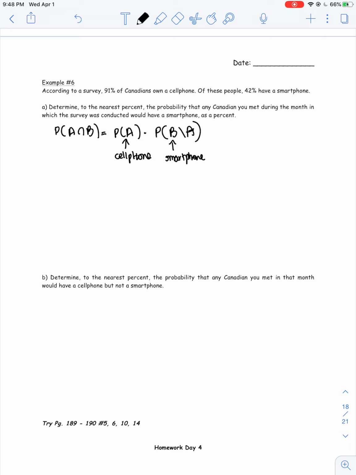So what's the probability that it's a smartphone if we know they have a cell phone? That's what that area describes. And this one is the probability that a person has a cell phone and smartphone.